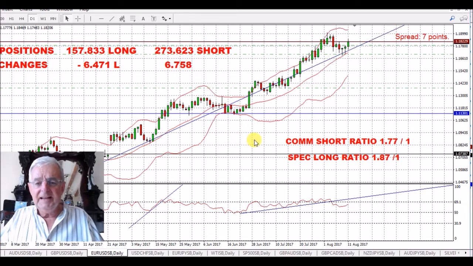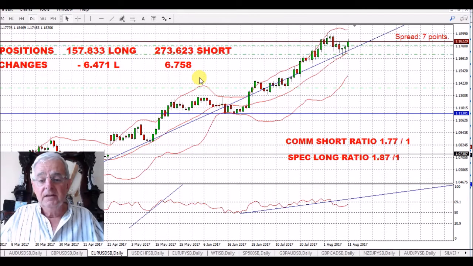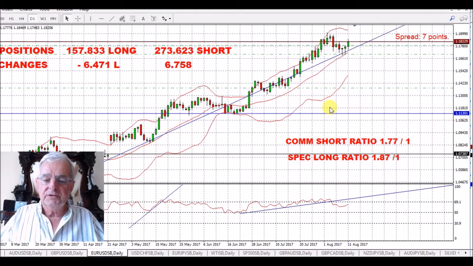So it looks to me the commercials got a short ratio of 1.77 to 1. They've added 6,000 more shorts this week. The speculators have actually reduced their speculation on the long rather than actually adding shorts.